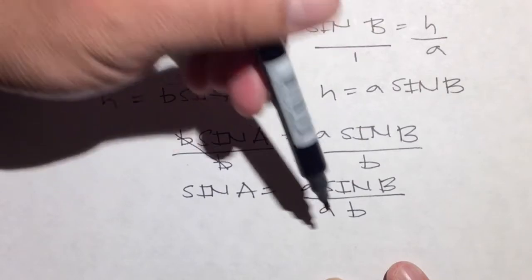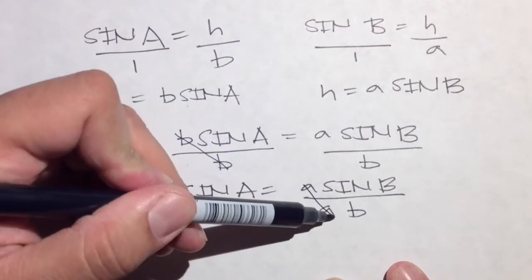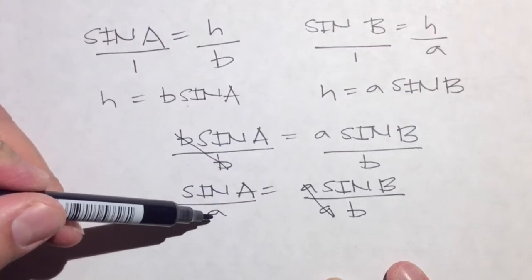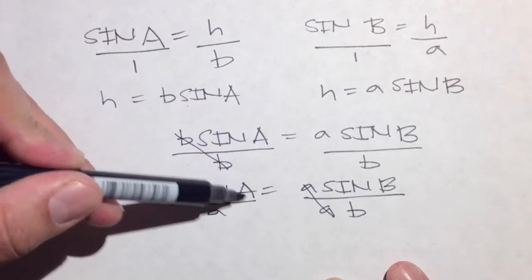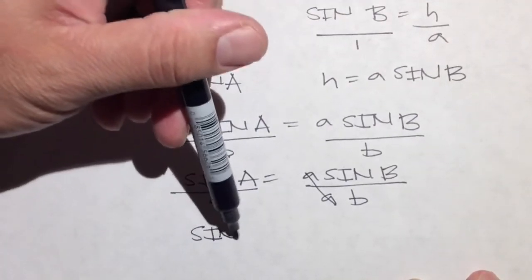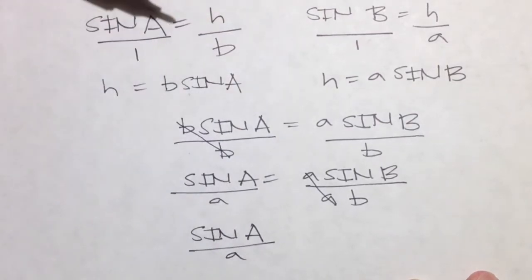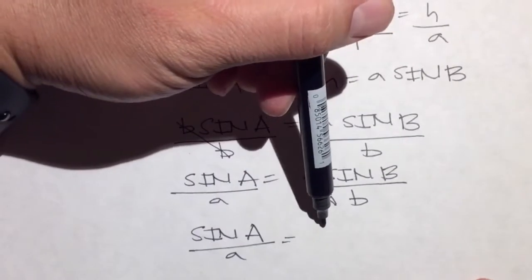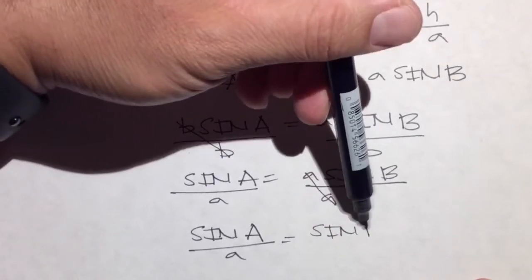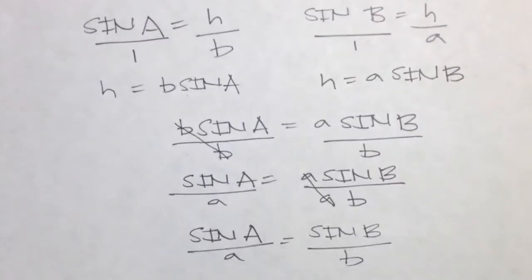So I'm going to divide this side by A and divide the other side by A. Now these a's cancel out, and now lowercase a is with uppercase angle A. And so let's simplify that. So sine of angle A over side A is equal to the sine of angle B over B.